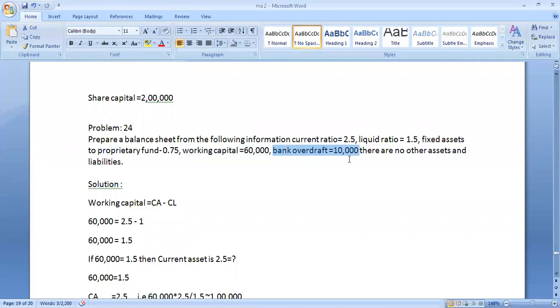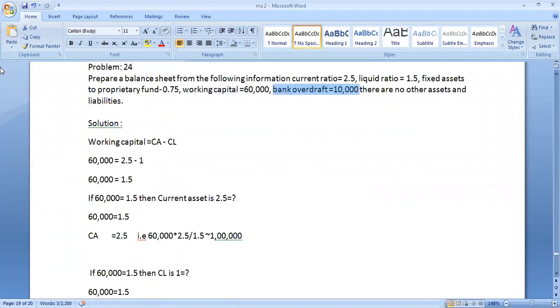So for that reason, we will deduct it and take it into consideration. There are no other assets and liabilities given as hints. So record the information whichever is given as the given hint points: current ratio, liquid ratio, record all the information.